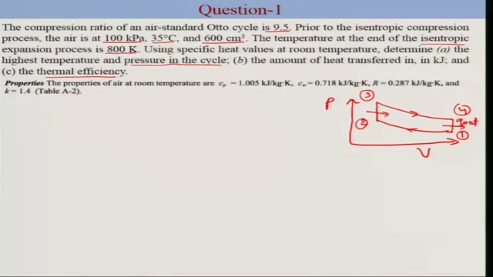And heat will be coming in here. So this is the complete Otto cycle.